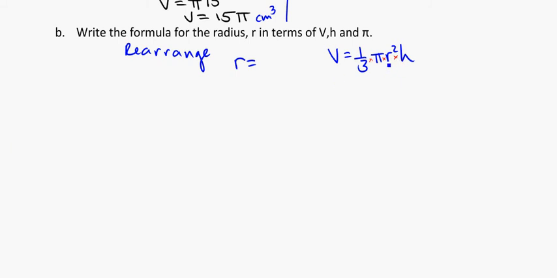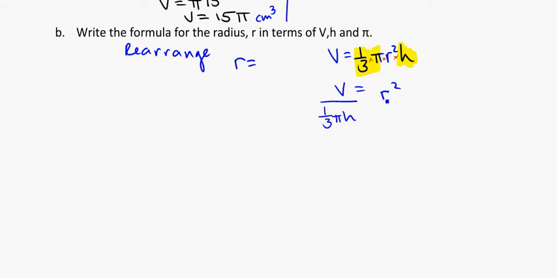So the opposite of timesing, to undo this, would be to divide. So if I have V, and I want to get rid of everything but the r, all of this stuff is being timesed by the r in some way, so we can divide all of that away: 1/3 pi and h, and you're left with the r squared.